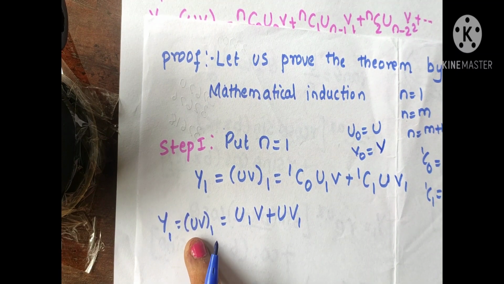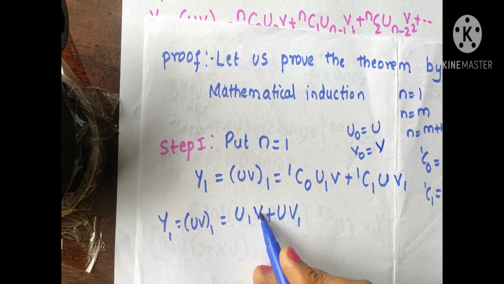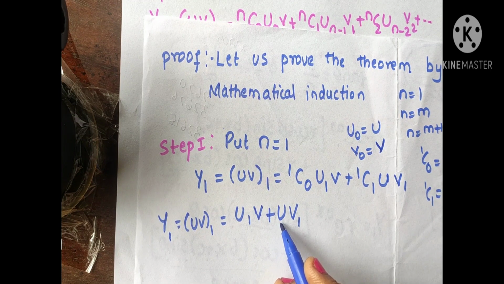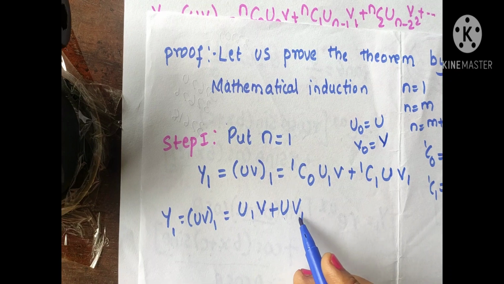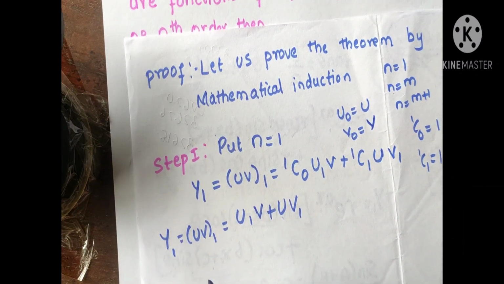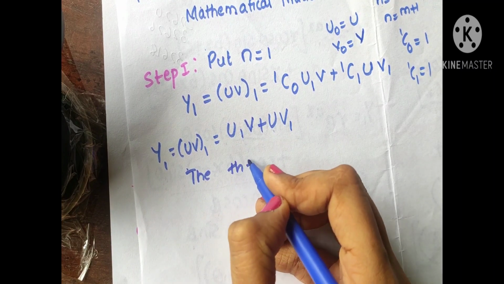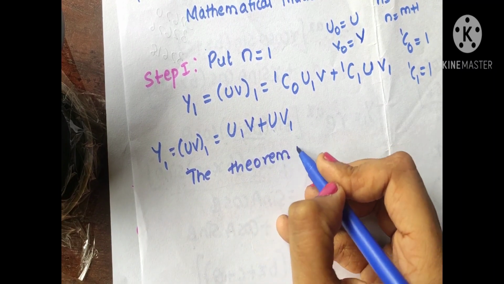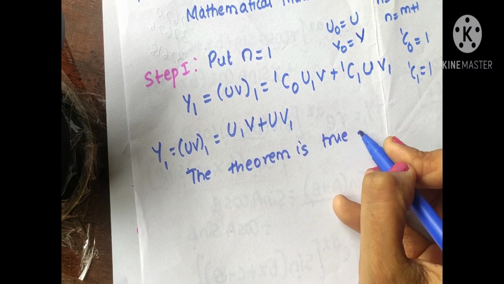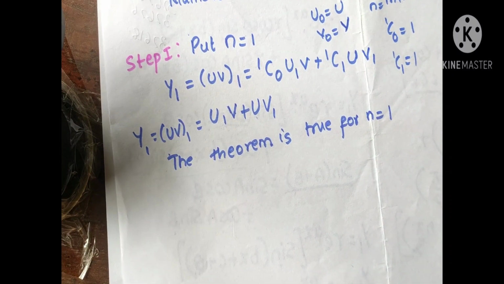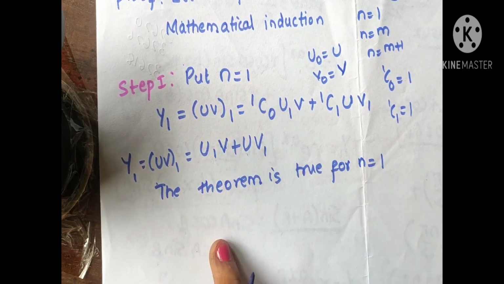When uv is differentiated, v is kept constant and the differentiation of u is u1, and u is kept constant and the differentiation of v is v1. So the theorem is true for n equal to 1.